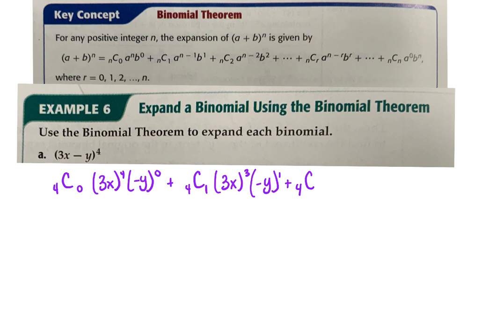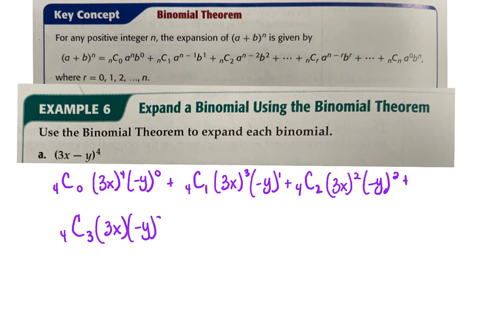We're going to do this all the way until we get 4 things taken 4 at a time. And when you take those combinations, you will get Pascal's triangle.